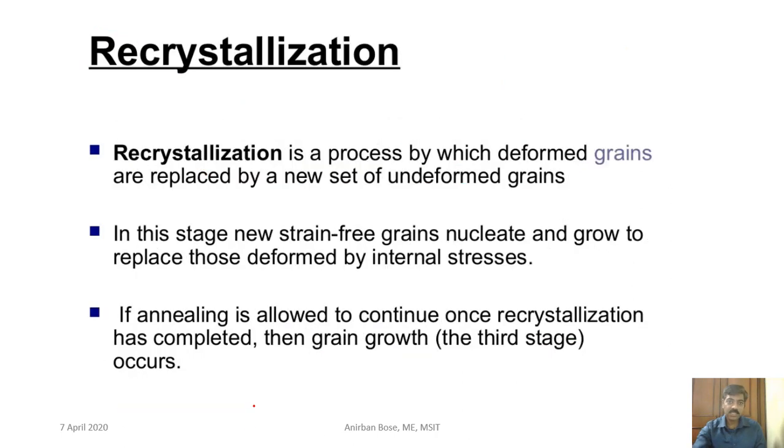So what is the next stage? The next stage is recrystallization. In recrystallization, what happens? I have told you that the rearrangement of the dislocations occurs in recovery, but still the dislocations are present. Now in the recrystallization process, from the dislocated grains, new small grains nucleate, and those are dislocation free.